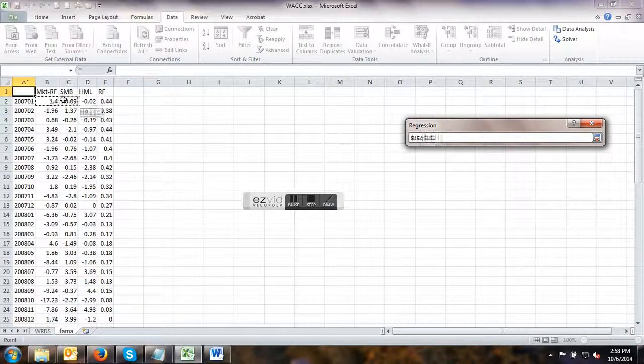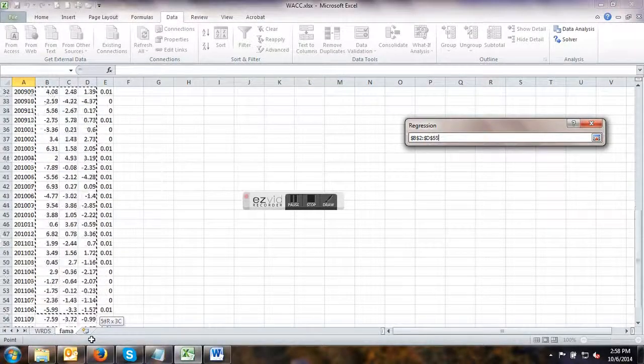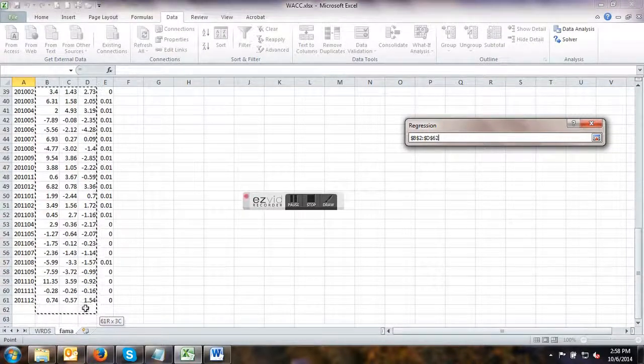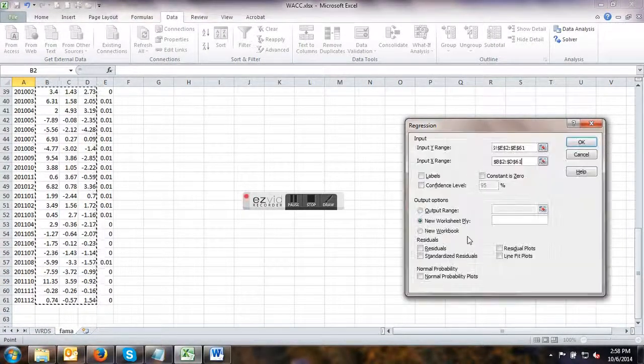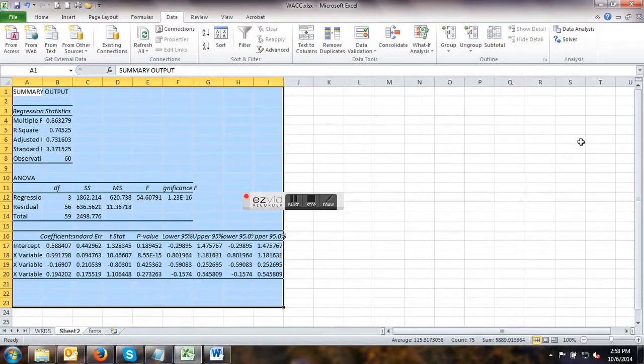The X's are going to be my Fama and French factors. I'm going to output all this regression information into a new sheet. And just go ahead and hit OK.